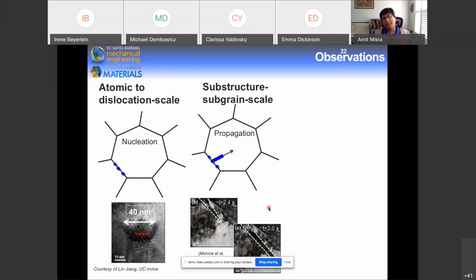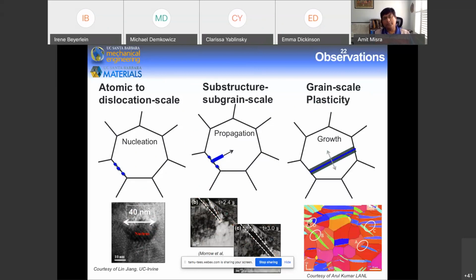I believe this was an in situ study where they saw a twin emanate from a boundary, and it's just propagating into the crystal like a spearhead. And then there's the stage where the twin actually now spans the grain. It's now connecting with all the grain boundaries within the grain, and it begins to grow. So this boundary starts to grow in thickness.